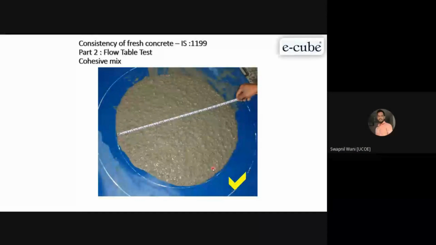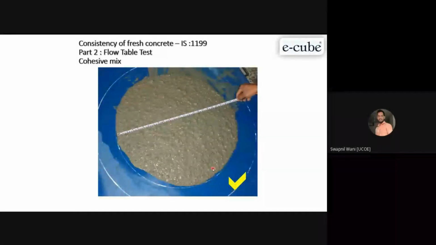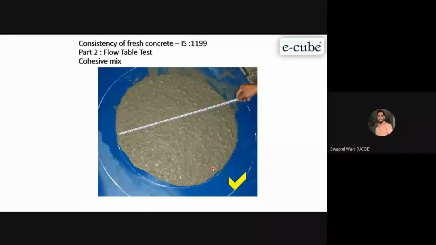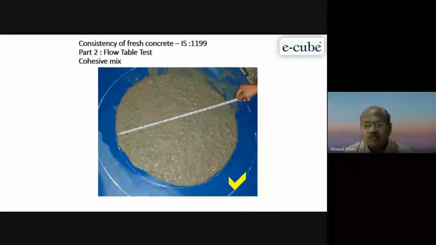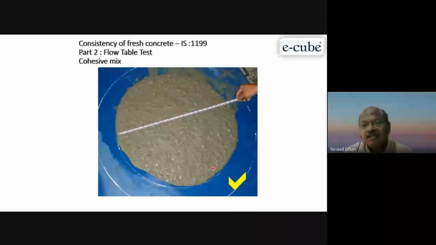My question is, what is the maximum diameter we can achieve without segregation? 700 mm. It should not go more than 700. Generally, we specify 550 plus minus 50.